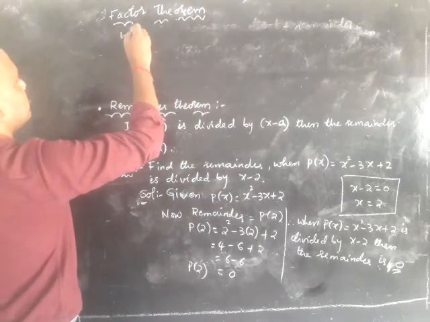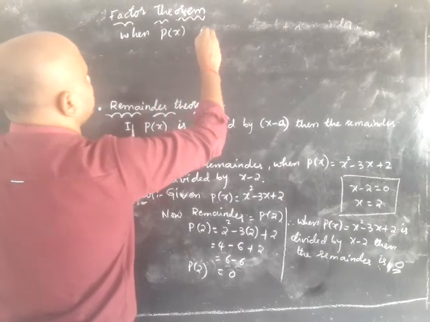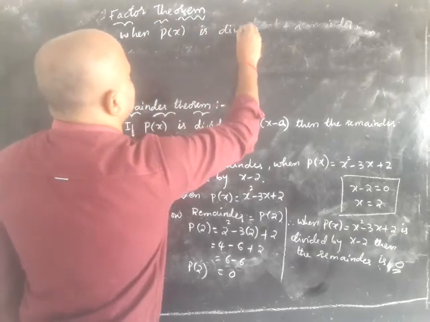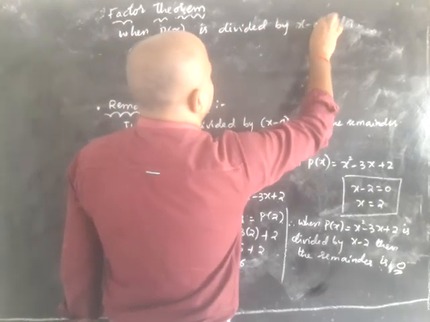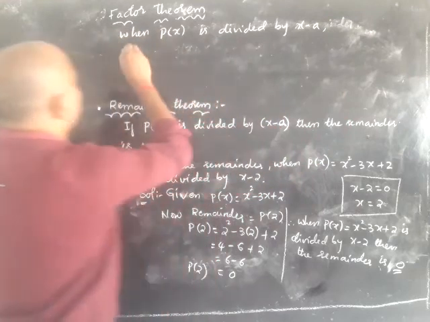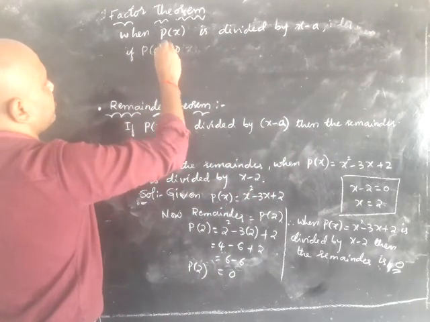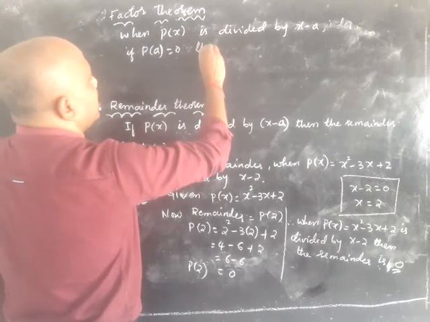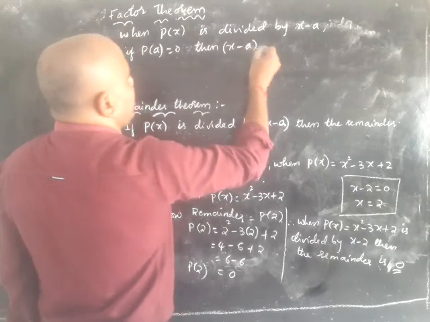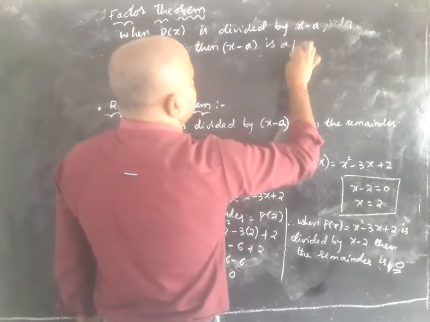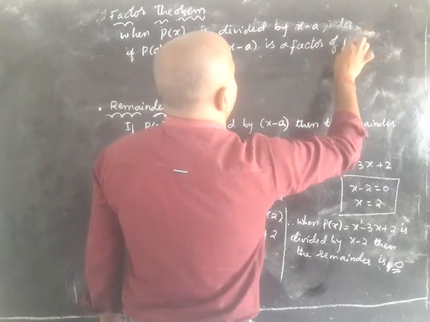When P of x is divided by x minus a, if P of a is equal to 0, that is, if the remainder is 0, then x minus a is a factor of P of x.